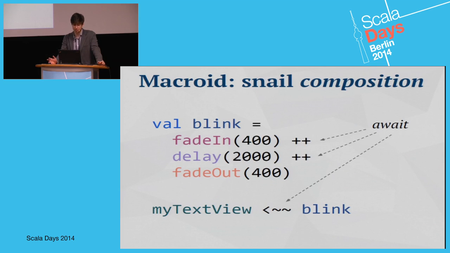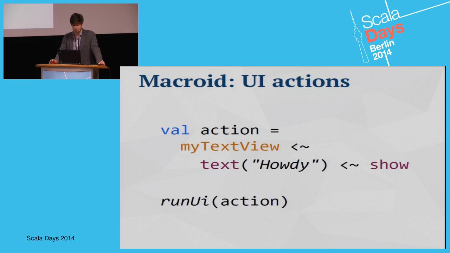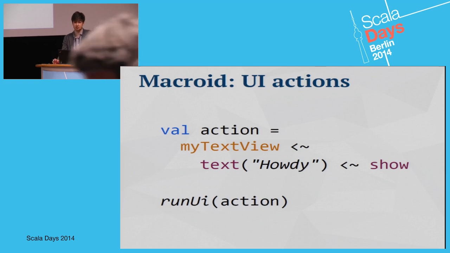And as you may have guessed, you can also compose snails. So we can, for example, define a new one, which is called blink, and it's basically a combination of fade in, a delay, and a fade out. And then we can apply that one. So finally, these tweaking instructions don't really do anything.